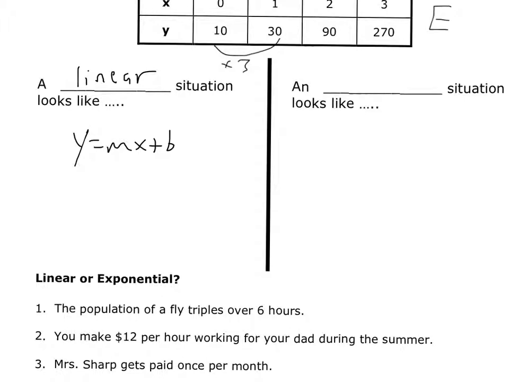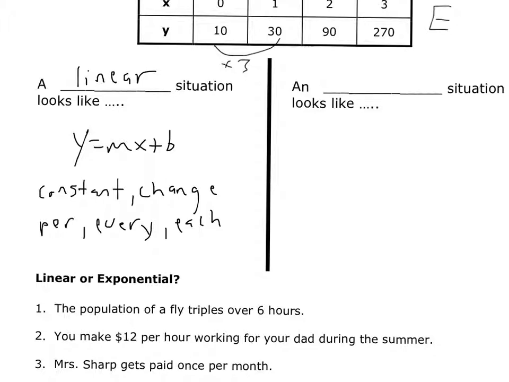If you see words such as constant, change, per, every, or each in your sentence, then it's probably going to be linear. So constant, change, per, every, and each. Make sure you get those down.